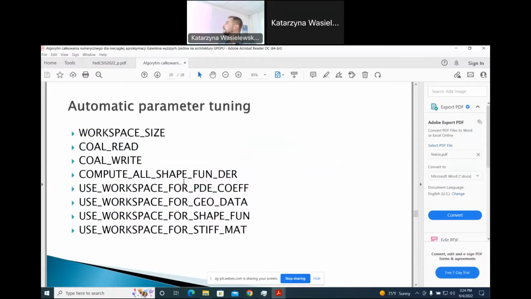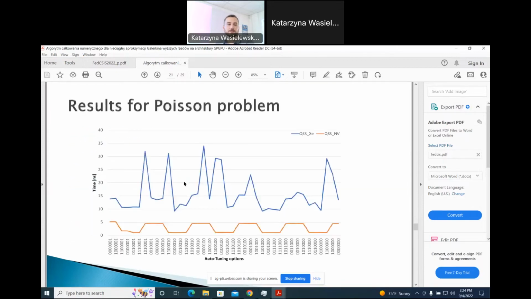We also have automatic parameter tuning. It's a parameter which allows us to control the memory. We have eight options. We can turn each option on or off, and I think it's better if I show you in this graph. The 0 and 1 at the bottom of the table mean turning off or on an option in our tuning algorithm.